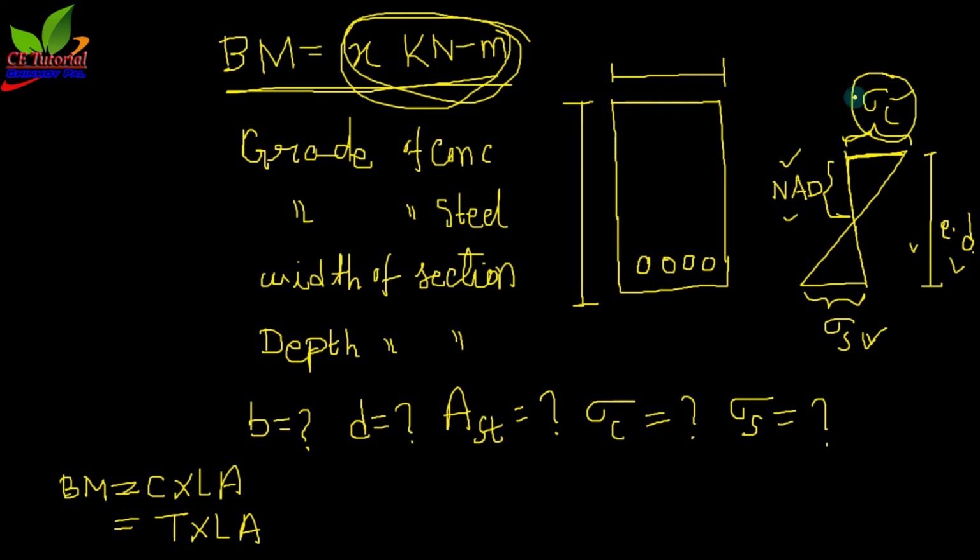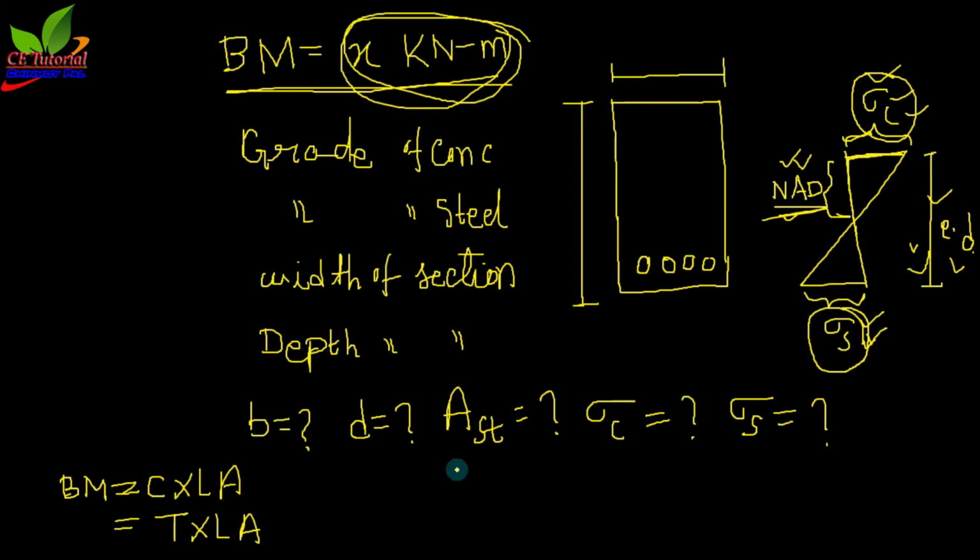Or if you know the sigma c value, neutral axis depth, and effective depth, you can calculate the sigma st value. Okay, like that. If you know sigma c, sigma st, and effective depth, you can calculate the neutral axis depth. Okay, so you don't have any other formula.